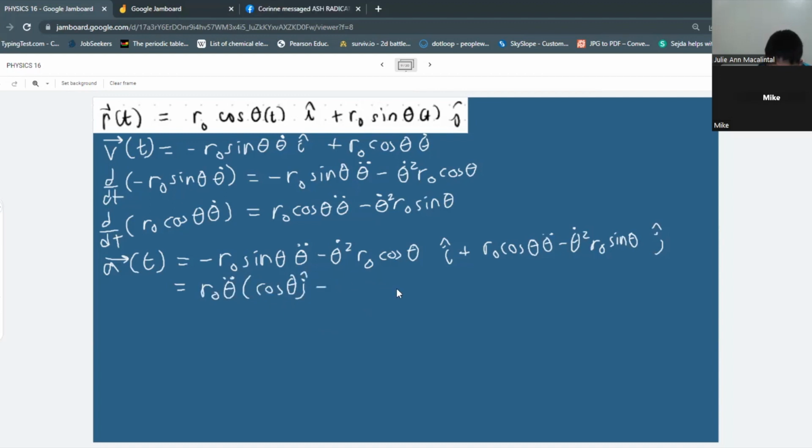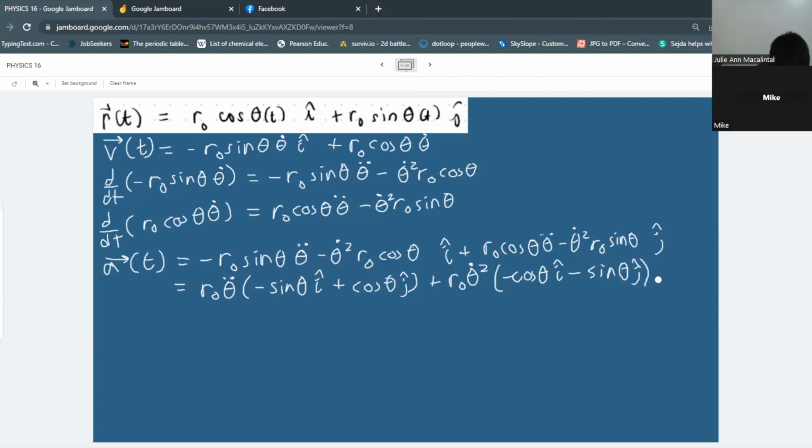Wait, do you really have a cosine of theta there? Look at the theta double dot, what is beside it? So, negative sine theta, then i hat. Plus... And then... Okay.